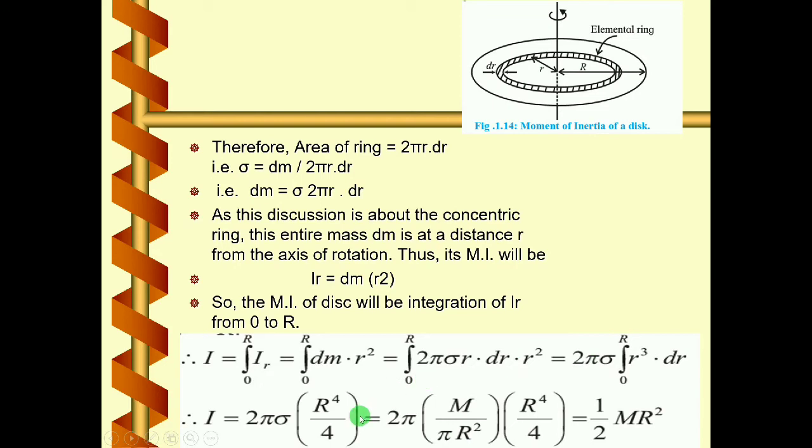So applying the integration formula, the power will be plus 1, so it will become r raised to 4 divided by 4. The range of integration will be from the lower limit 0 to the upper limit capital R.